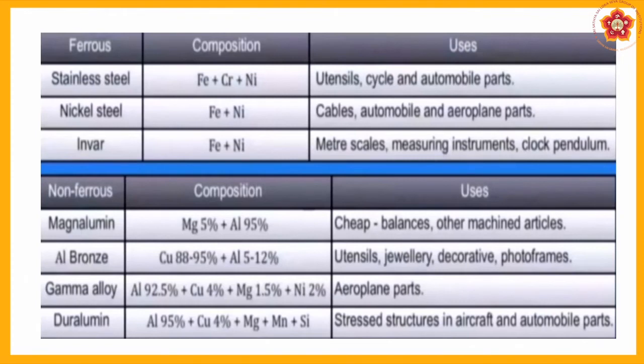So this is just an overview of the uses of these compounds. Stainless steel we generally use at home for utensils. Automobile parts are made of it. We have various other compounds like nickel steel and Invar metal, which is mainly used for instrumentation. So we need meter scales, pendulums, clocks.